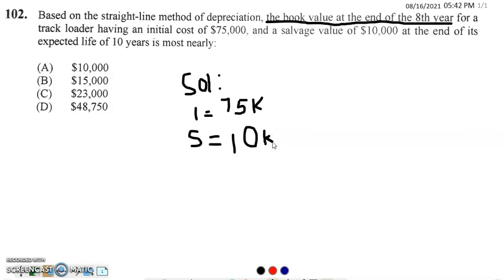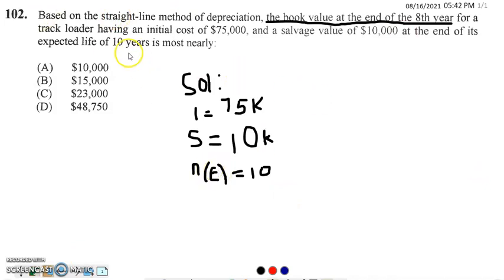And the expected life is 10. If we call it N, or you can call it E, it depends on what notation you want to use. So let me call it N equals 10. Okay, let me use the mouse. I think the mouse is better.